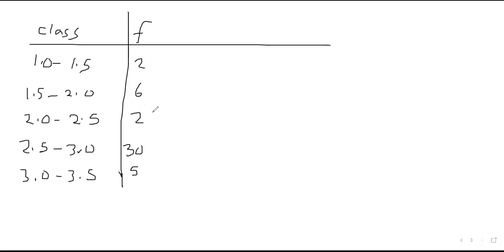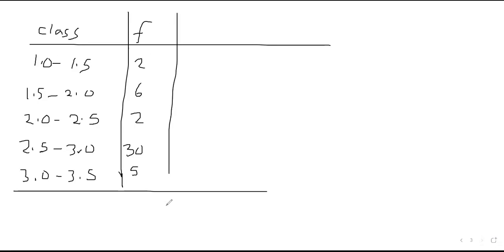Okay. So we can calculate the cumulative frequency. Cumulative frequency is not important for the calculations that we need for now. We can just go directly to calculate the mean. So the midpoint: when we add 1 plus 1.5, we get 2.5.